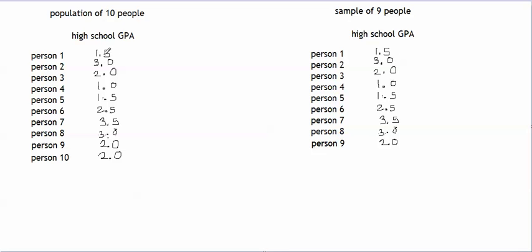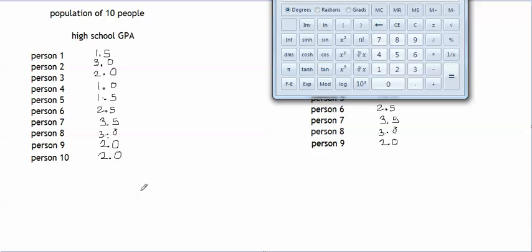We can start by making a column of deviations, a column of absolute deviations, and a column of squared deviations. Before we can do that, we have to find out what the mean of this small population equals.